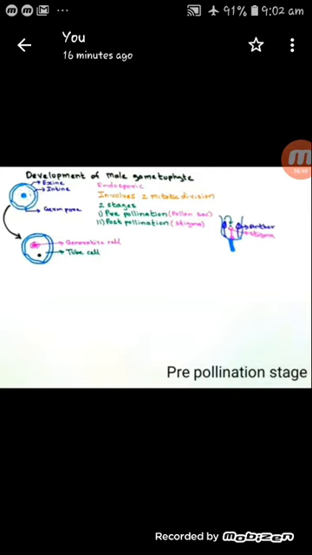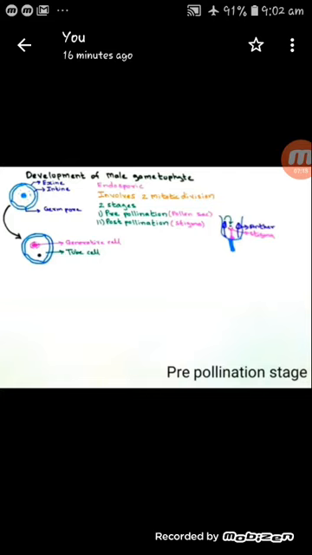So the smaller cell is called the generative cell. It has a large nucleus and it lacks reserve food and vacuole. The tube cell has a large vacuole and nucleus and it also has reserve food.